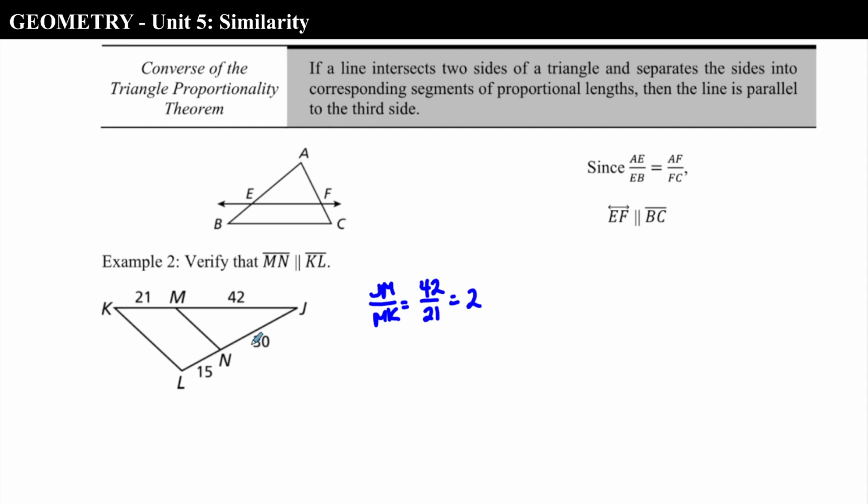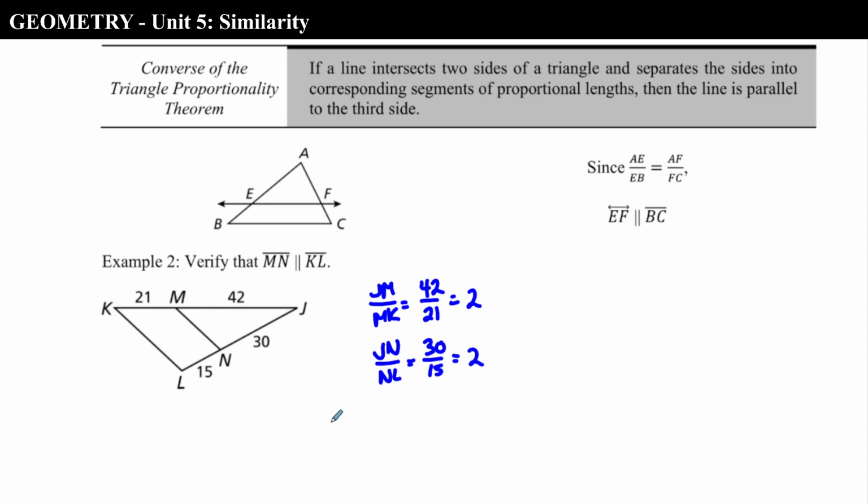So now we're going to compare this other one, JN to NL. And if we find that this is also 2, then we can say that these two segments are parallel. So JN is 30, NL is 15, and yes, that is 2.